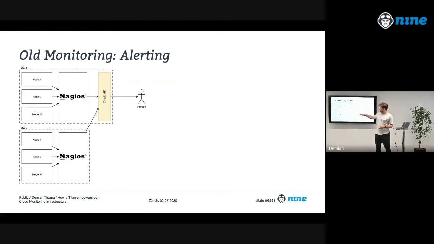I made an example of 2 data centers because you will see afterwards with the new architecture how we solved high availability and all those kinds of things.